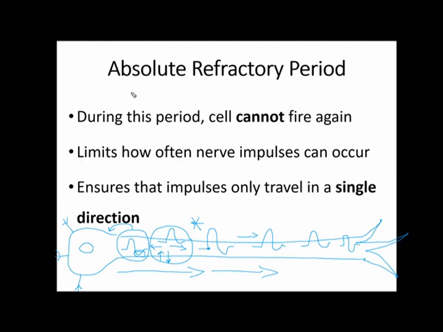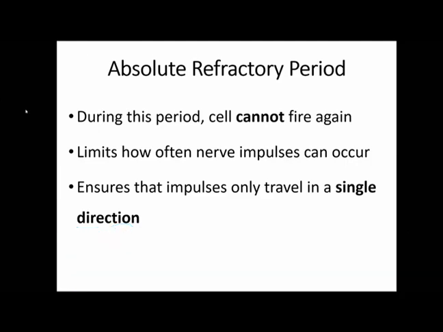So this absolute refractory period is what lets these action potentials only travel in a wave towards the axon terminals, but never backwards towards the dendrites. That's why we always talk about the directionality of this signal as always going from the dendrites to the axon terminals. And it will not change. That's sort of a rule that we can't break.